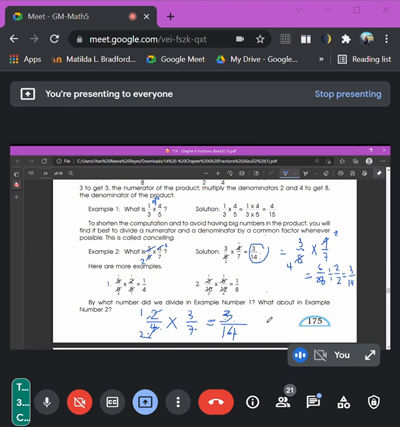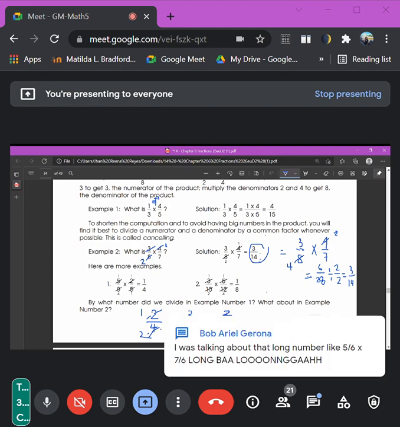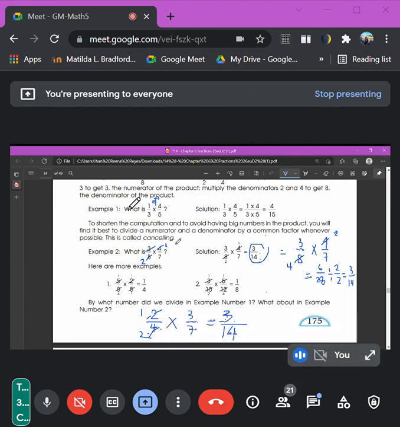So it is like that. Actually, yes, we divide, as long as the numbers are divisible. You will find it best to divide the numerator and denominator by a common factor whenever possible. Okay, only if it is possible, class.